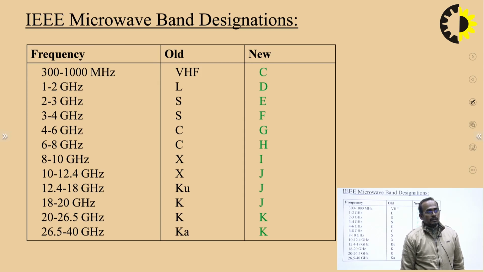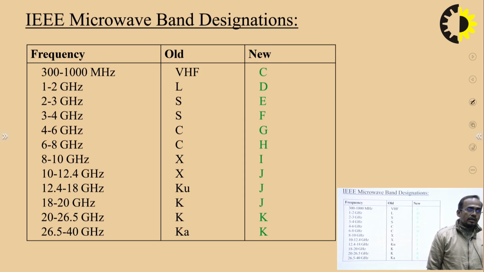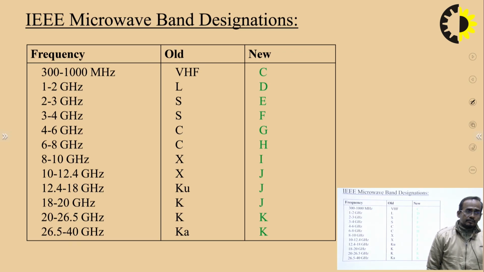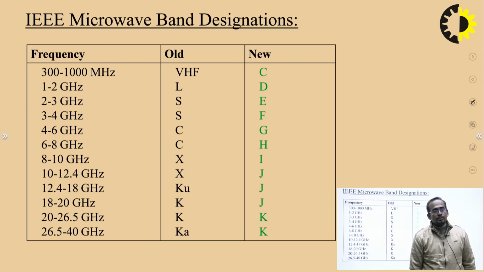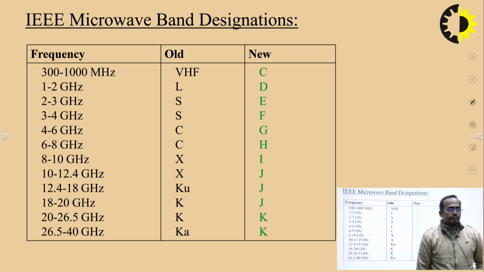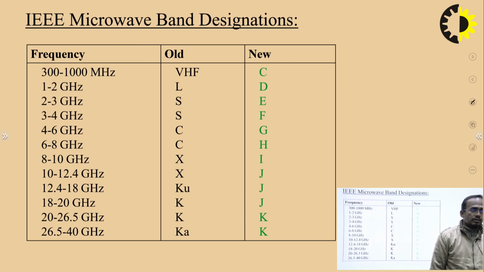Now the IEEE standard for microwave band designation. Previously, VHF, that is very high frequency, varied from 300 to 1000 megahertz, and the new designated bands have been given by the IEEE.